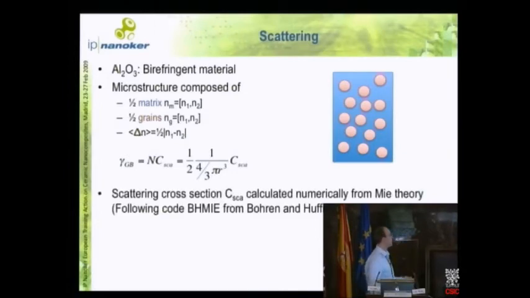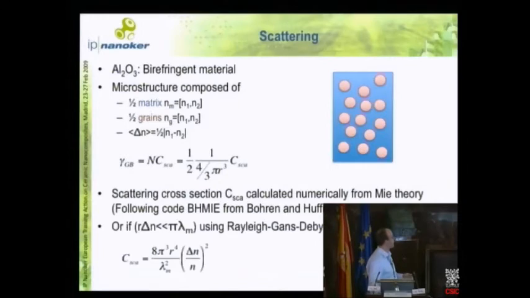The scattering cross-section we can obtain using Mie theory, as explained yesterday by Carlos, a lot better than I can ever do it. Or we can do it numerically using the Rayleigh-Gans-Debye approximation if we fulfill certain conditions.